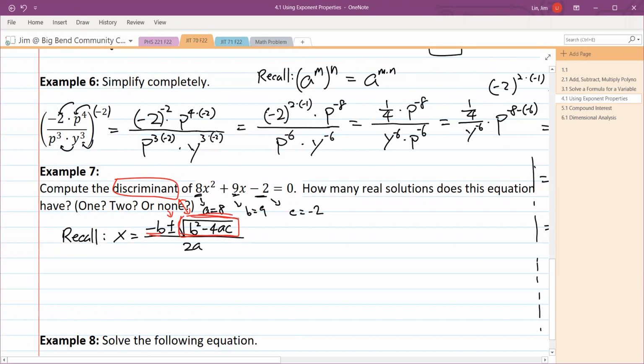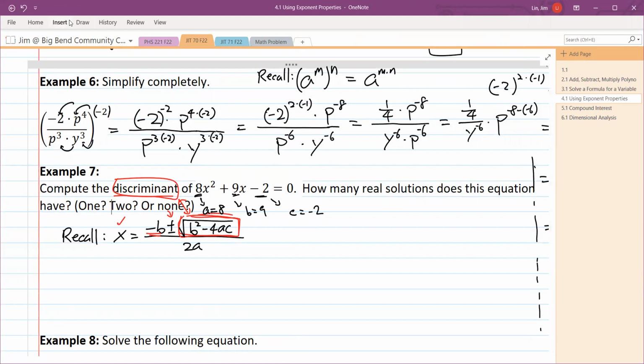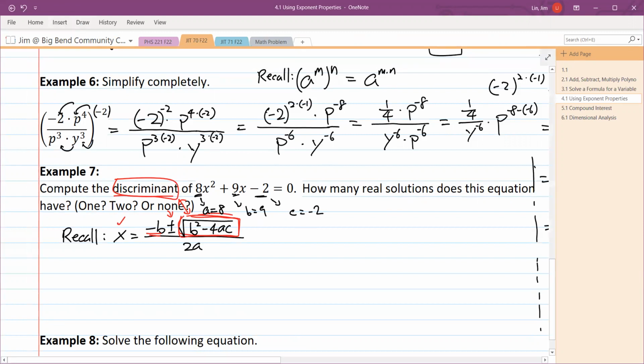So the second term on the numerator helps you determine how many solutions we have at the end. So in this question, we're not actually solving for x. We're computing the discriminant only. So that means we only have to work on the b squared minus 4ac portion. And then let's review it together.